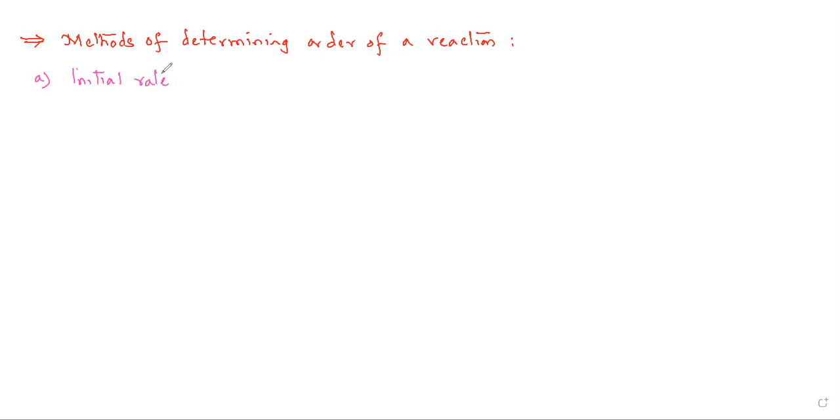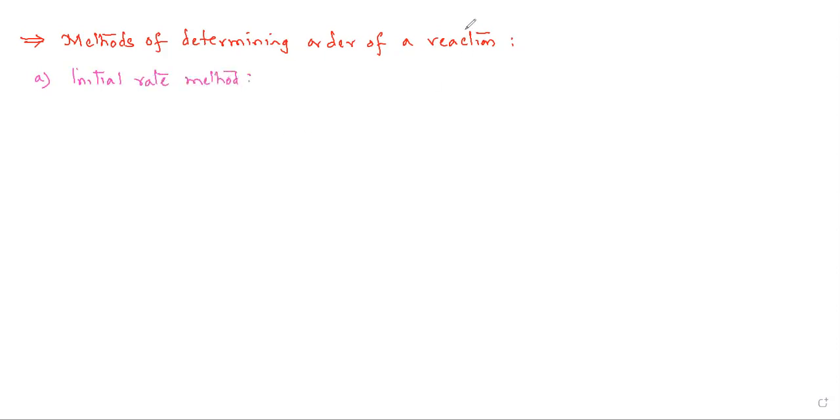Let us go for the methods of determining the order of a reaction. We have about 5 methods to determine the order of a reaction.